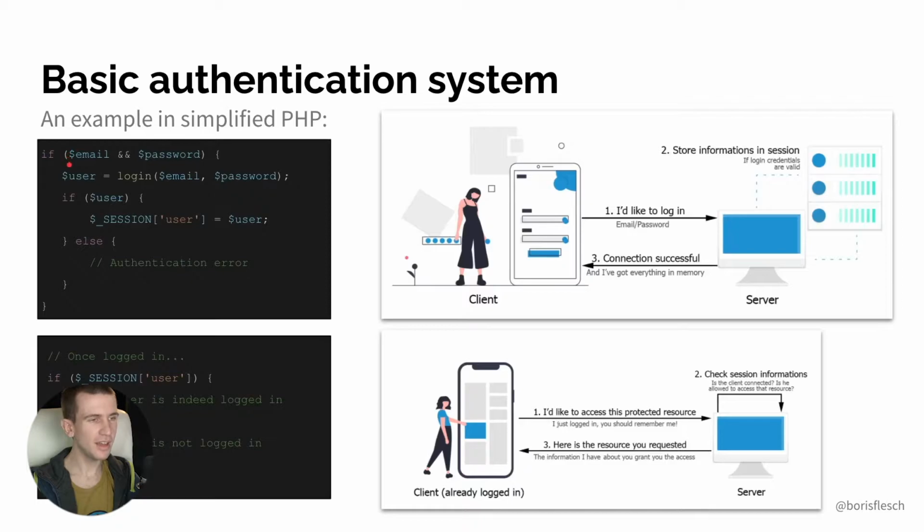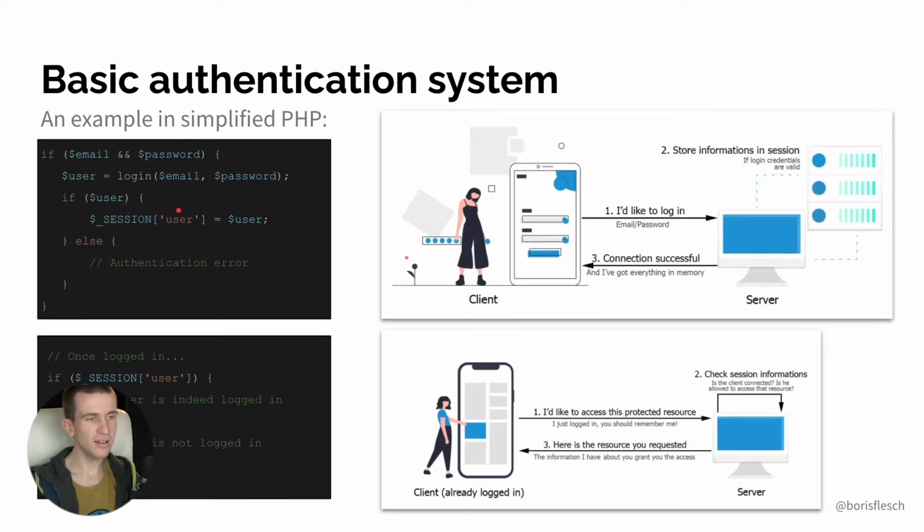That's maybe the email and the password of the user that wants to log in to your website. You will have some function that will process the login, so match these credentials against your database information, for example, and that finally will return in the user variable either a user if someone has been found in your database, or just an authentication error.